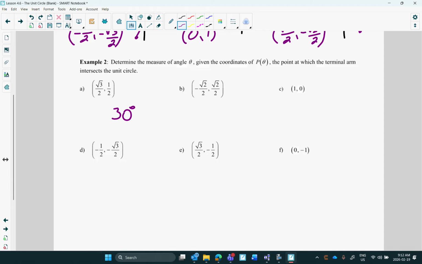So it's in the 30 degrees. This one, well, when they're the same, it's 45-degree family, but this tells me quadrant 2, doesn't it? So what's the angle of the 45-degree family in quadrant 2? 135.